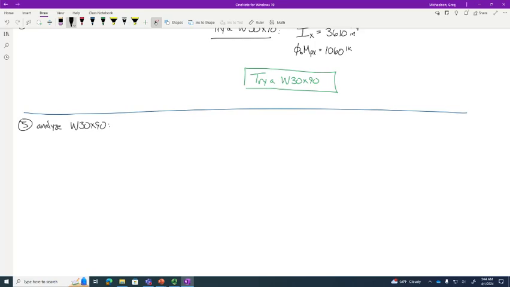So we have a dead load of 1.2 kips per foot, but now we have a self weight of 90 pounds per foot, or 0.09. So the beam is a tad heavier, okay?